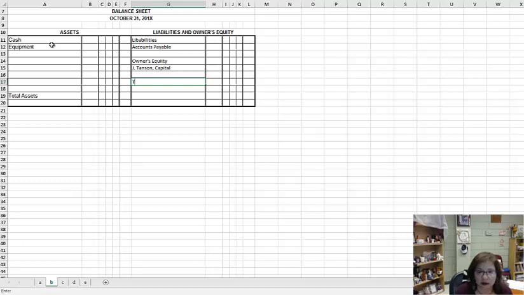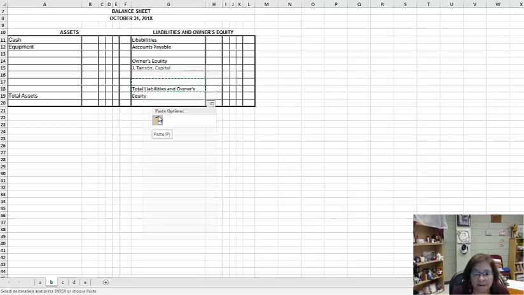And then your total liabilities and owner's equity. And then you're going to have the total, and it's going to be down here. I'm a little off, but watch what I'm going to do: cut and paste. Voila.